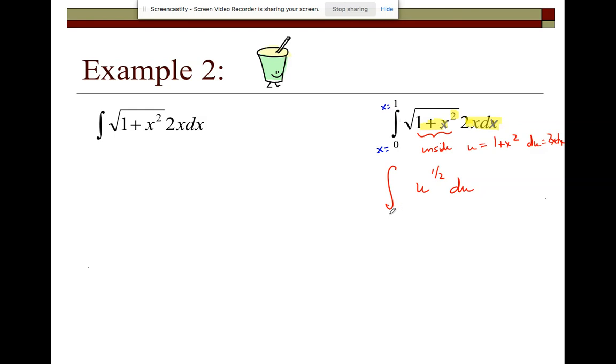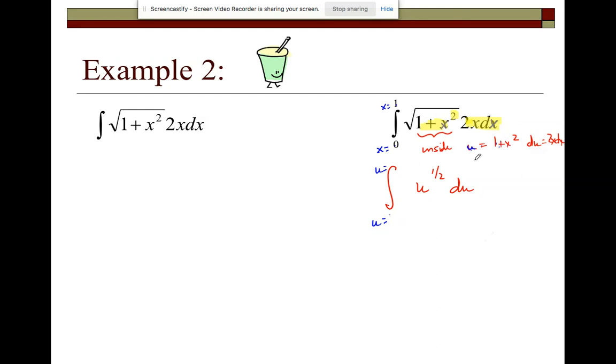These are no longer numbers on the x-axis. These are now u numbers. How do I figure out, when x is 0 and x is 1, what u is? Well, u is equal to 1 plus x squared.